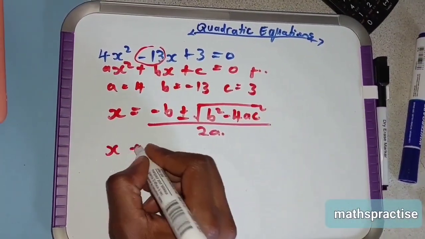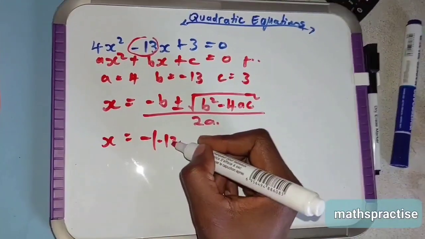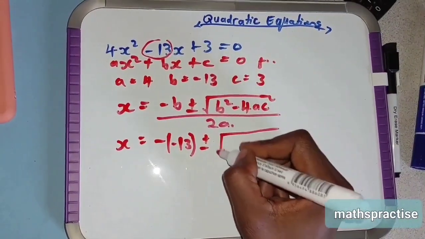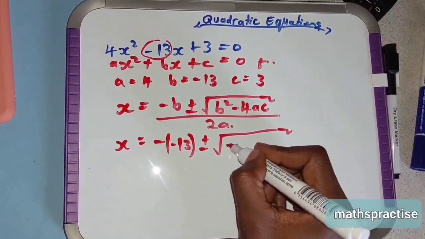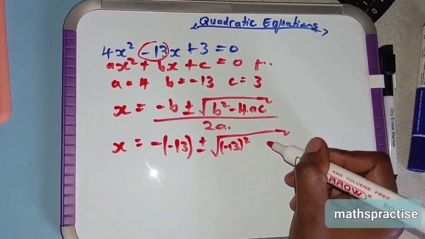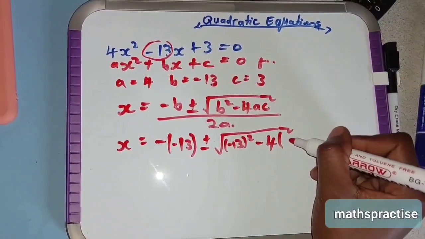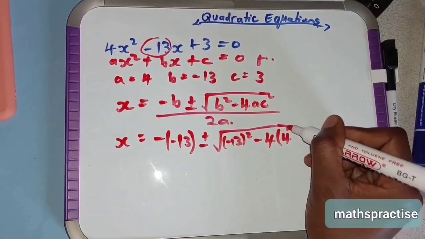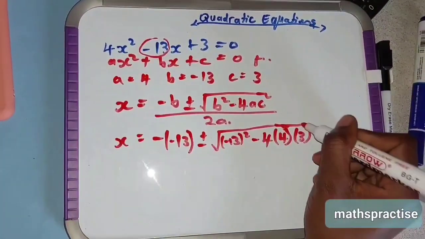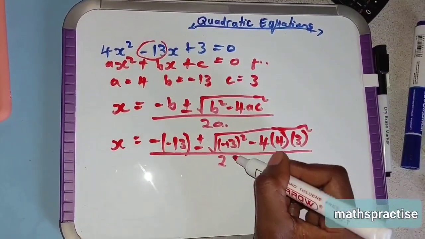So x is equal to minus b, that is minus (minus 13), plus or minus the square root of minus 13 squared minus 4a, that's 4 again, c, and that's 3. Okay. All of this divided by 2 times 4.